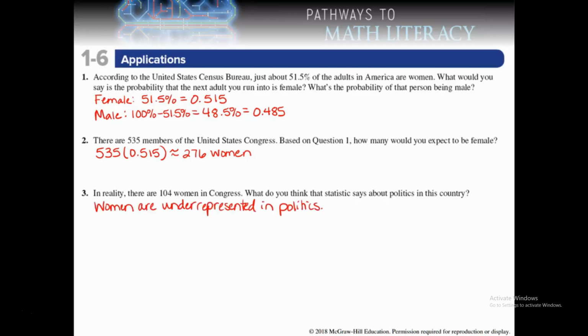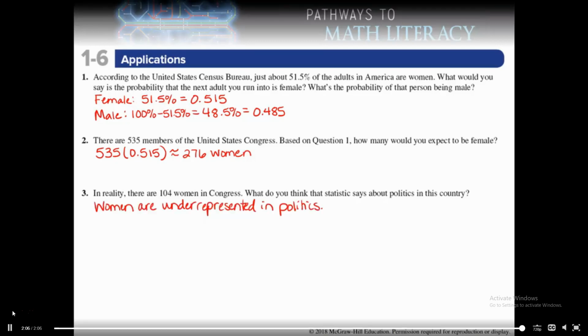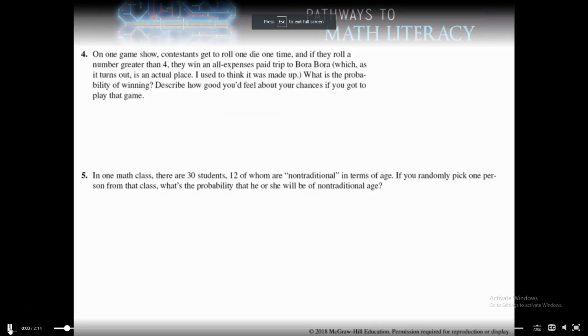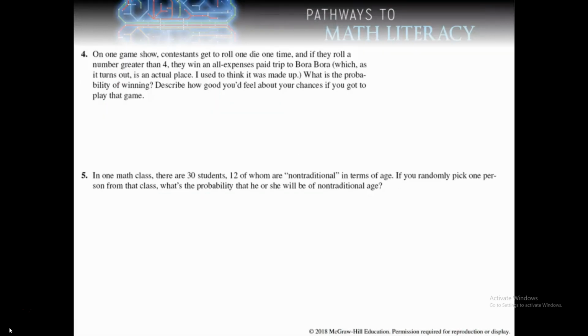In 4, you're playing a game. You get to roll one 6-sided die, and if you roll a number over 4, you win. So what's the probability of winning? Well, if you have to roll a number greater than 4, then that means 5 or 6 would make you win. So out of the 6 possibilities on the die, 2 of them are winners.